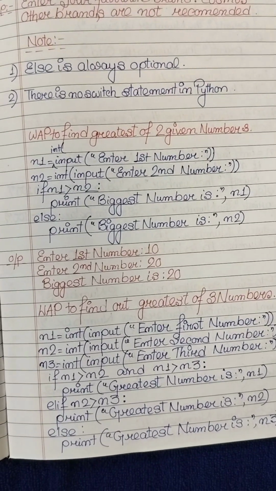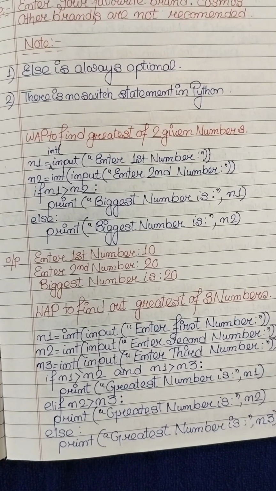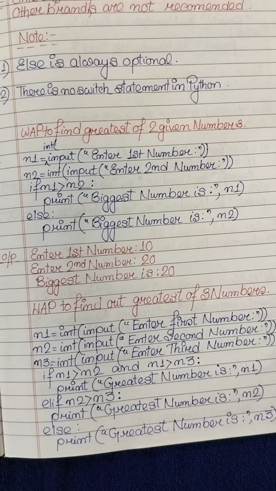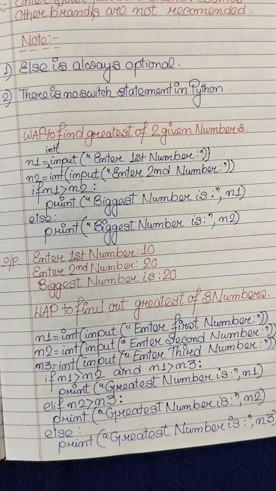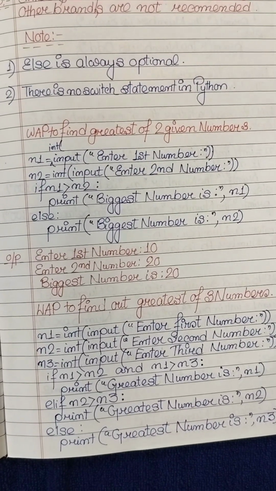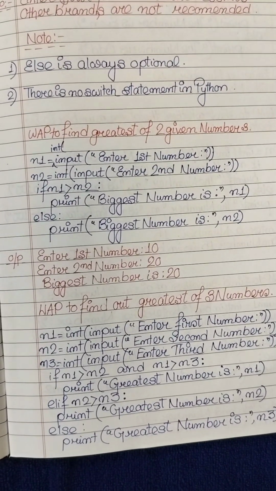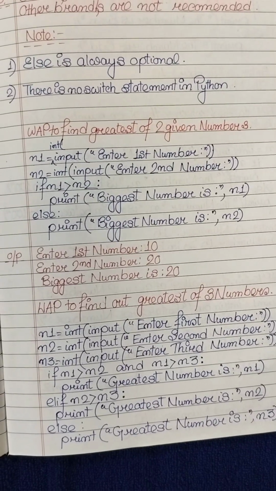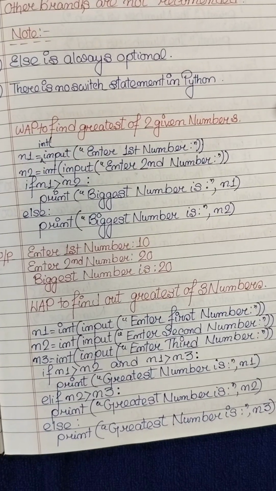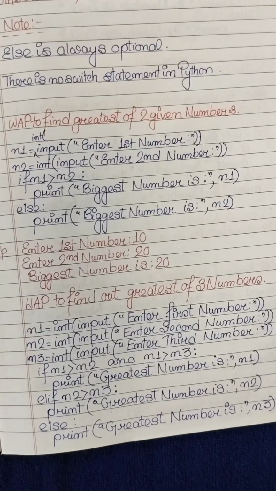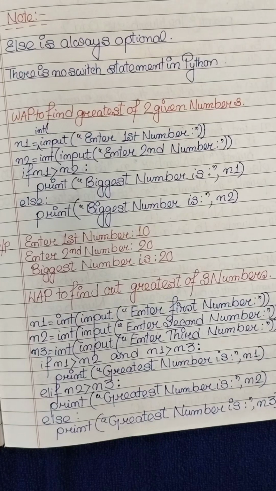Last class we discussed control flow of Python. Python control flow statements are divided into three types: one is conditional, the second is iterative, and the third is transfer statements.